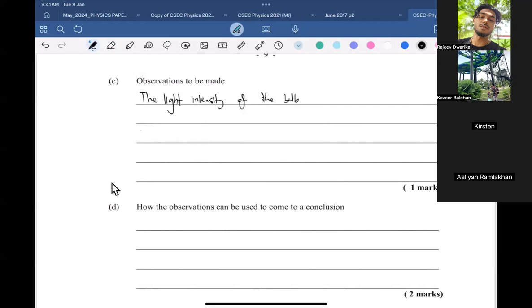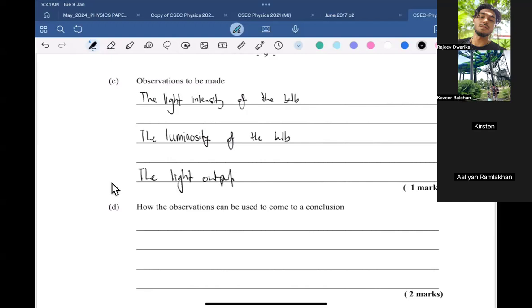You can say the luminosity of the bulb, and the light output.